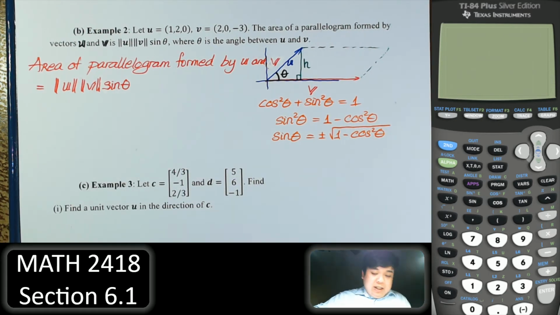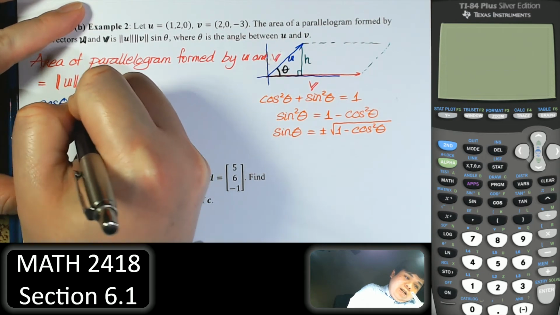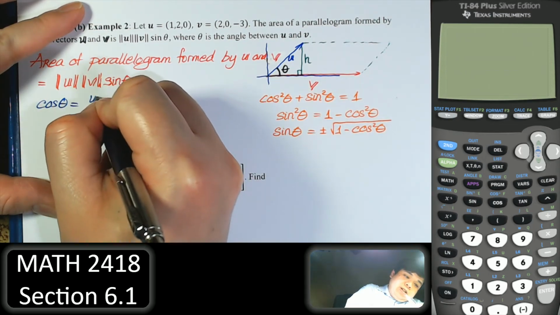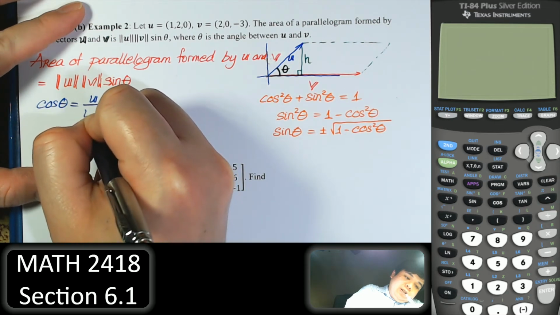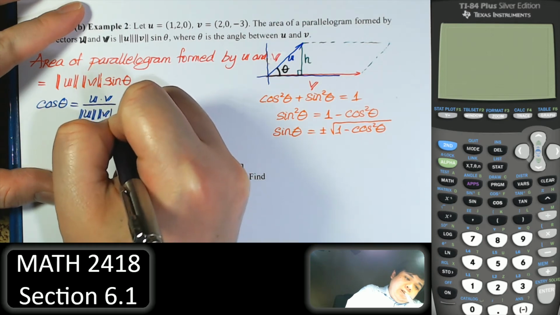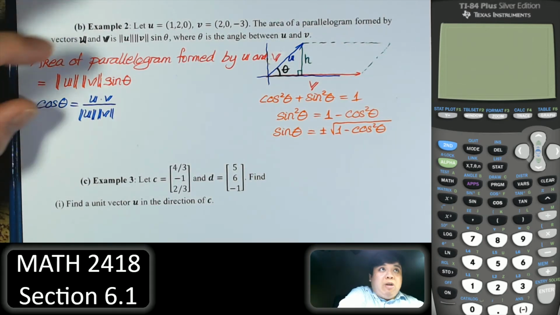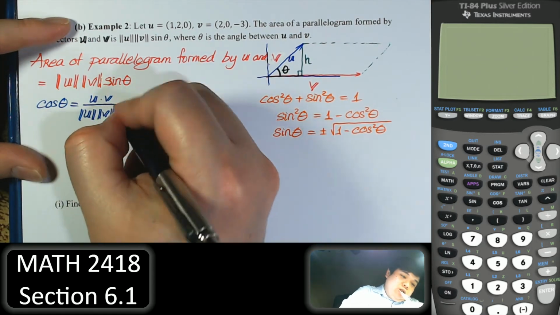So the cosine of the angle between two vectors. My point is we don't need to find the exact theta. We just go from cosine to sine by that formula.